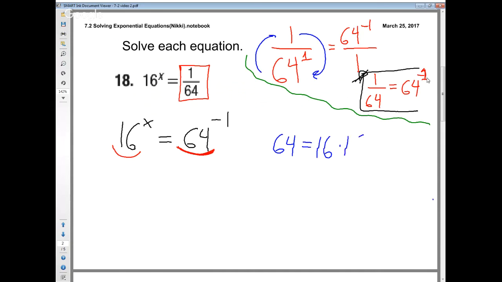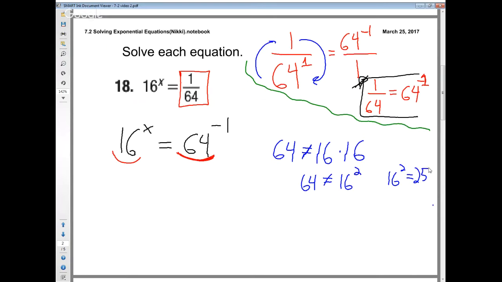If we experiment, we hit a roadblock because 64 is not the same thing as 16 squared. Specifically, 16 squared is the same thing as 256, which is nowhere close to 64.